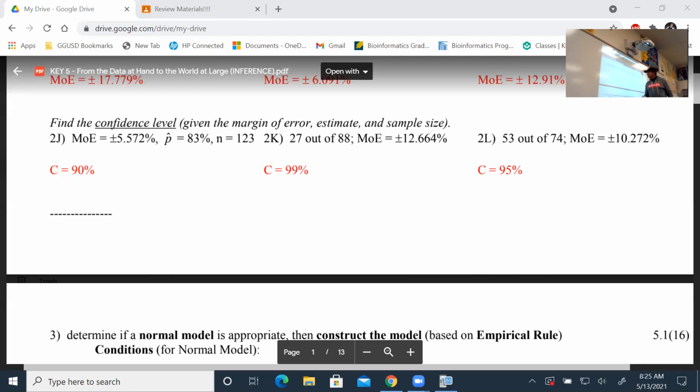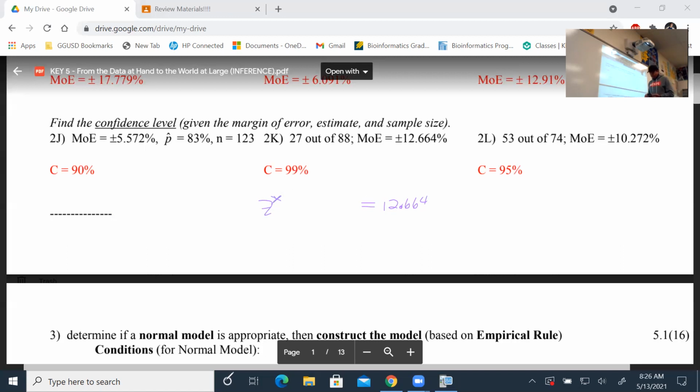So the second one, we've got a 99% answer. We already know the answer. Let's check it out. So we've got the margin of error is 12.664, and that equals Z star, which I don't know. And I got to figure out the percentage real quick.